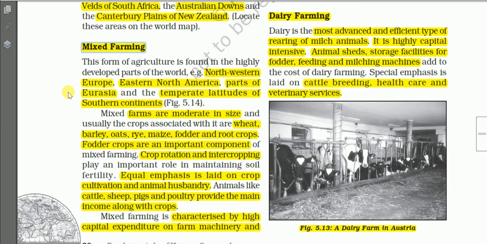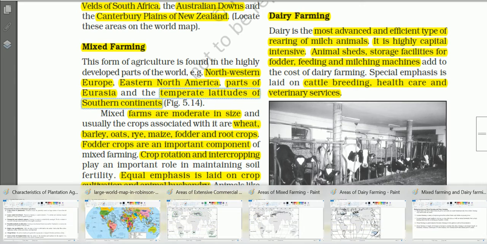It is practiced in highly developed parts of the world, for example northwestern Europe, eastern North America, part of Eurasia, that is Russia, and temperate latitudes of southern continents. Figure number 5.14 shows the same.